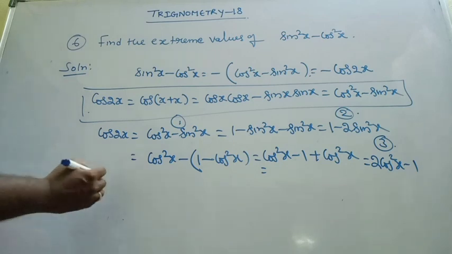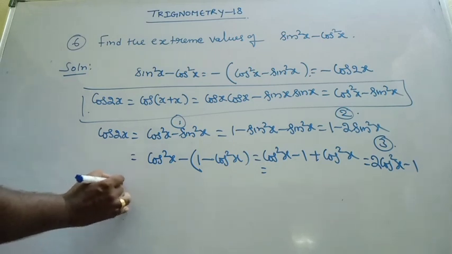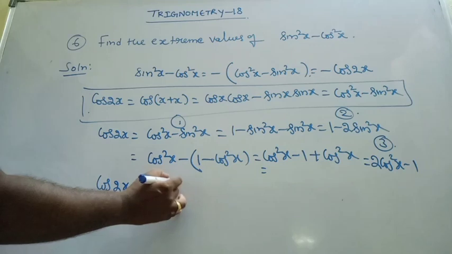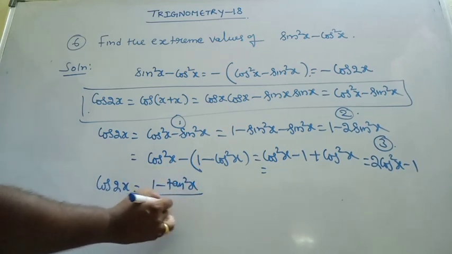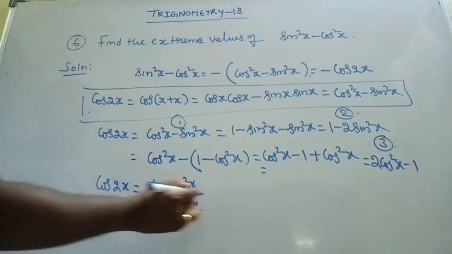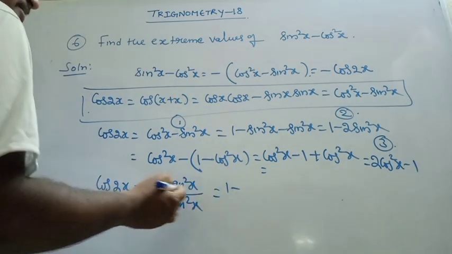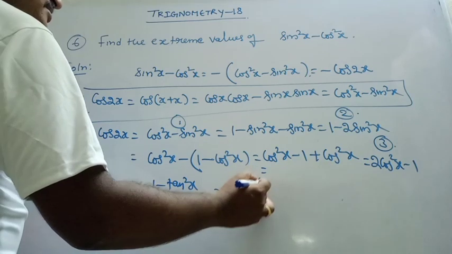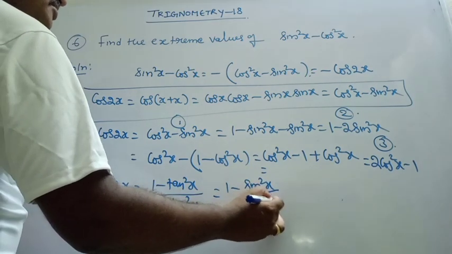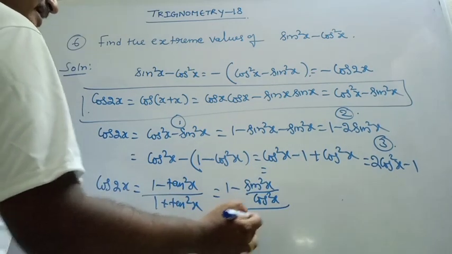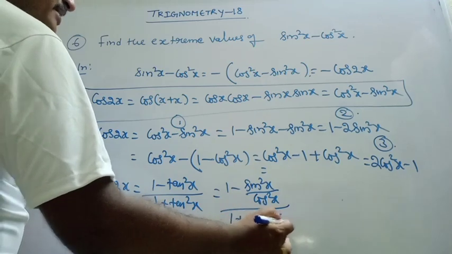And the fourth formula is cos 2x equal to 1 minus tan square x by 1 plus tan square x. If you observe, 1 minus tan square x means 1 minus sin square x by cos square x, whole thing divided by 1 plus sin square x by cos square x.